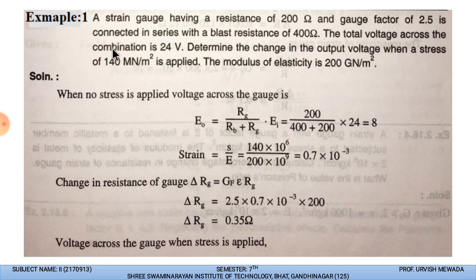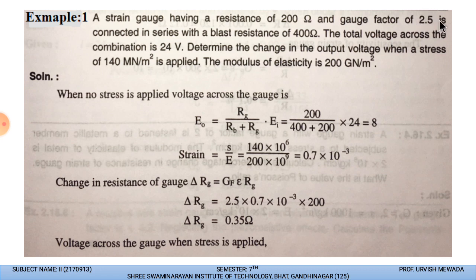Example number 1. The statement of this example is: a strain gauge having a resistance of 200 ohm. This is the variable resistance on which we will apply the strain, and the gauge factor of this strain gauge is 2.5.